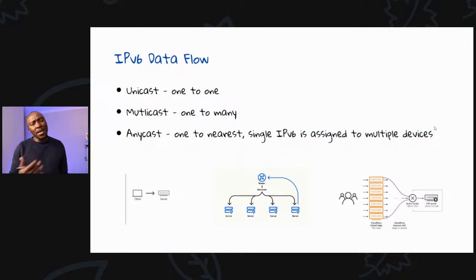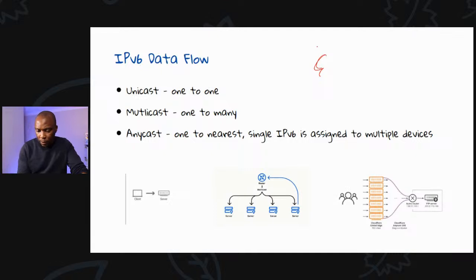And then the one that is in IPv6 that is not in IPv4 is something known as anycast. And anycast is basically one to the nearest. And when I mean one to the nearest, you have multiple devices on a network that share the same address. So I'll try and use something that we know.